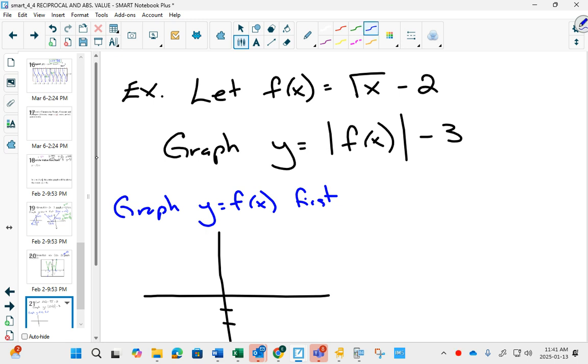Now it would have (0, -2). Then it would have (1, -1). And important to label my x-intercept. There's my square root graph moved down 2 units.